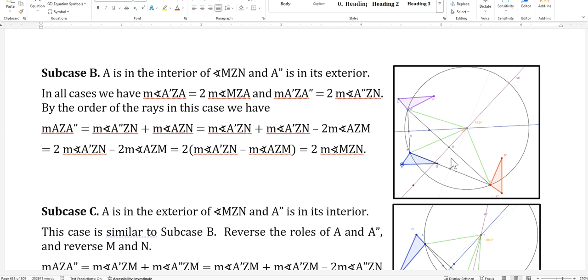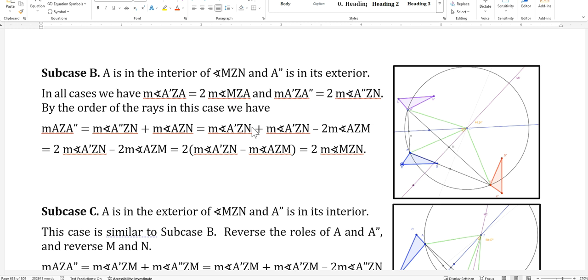Okay, so let's look at the picture for it to help us out with the betweenness relationships here. We can find that as adding A prime, A double prime Z to N plus the angle from A Z to N. Okay, so that angle and that angle add up to that one. Okay, that's cool.